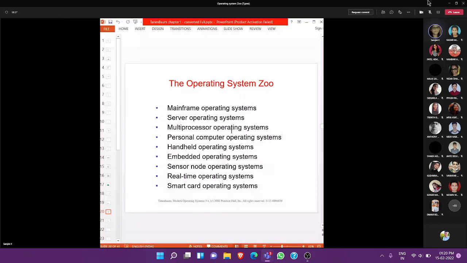But suppose you are working in an IT company, where there are many software and applications you need to load and more programming to do. Then you should not go for a personal computer operating system. You can go for a multiprocessor operating system, or a server-based operating system.